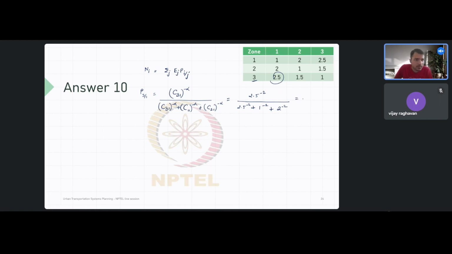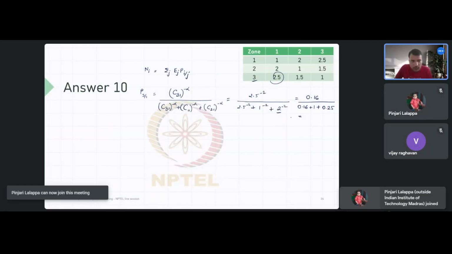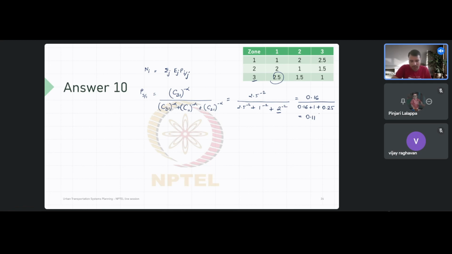So the numerator is 0.16, and the denominator is 0.16 plus 1 plus 0.25. This is coming as 0.11. So this is for P31.